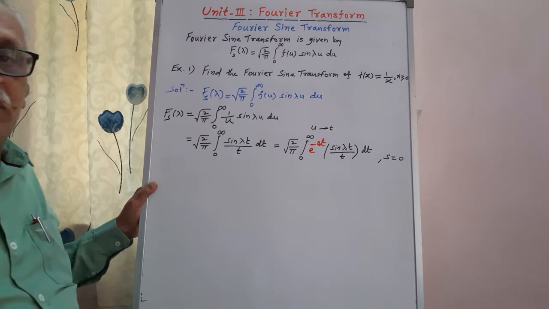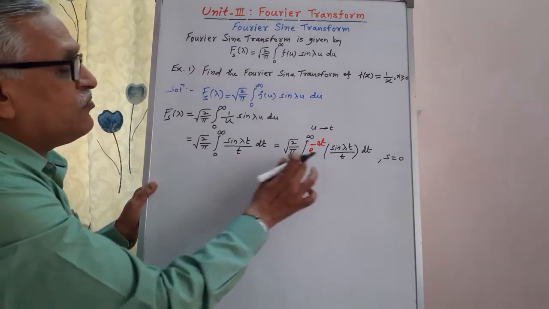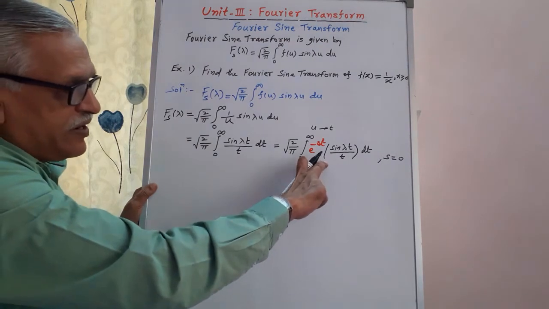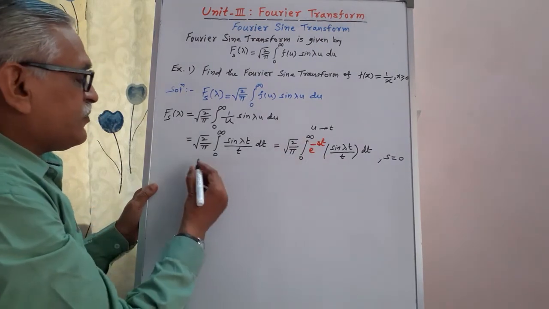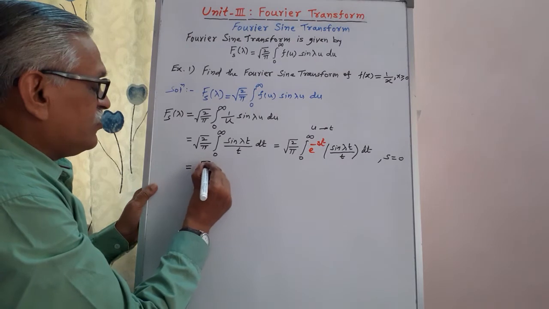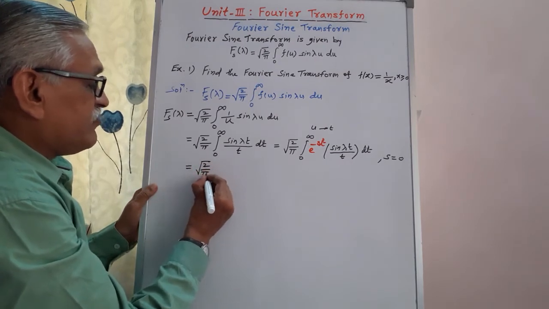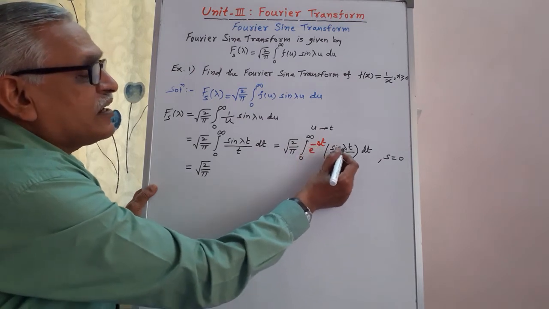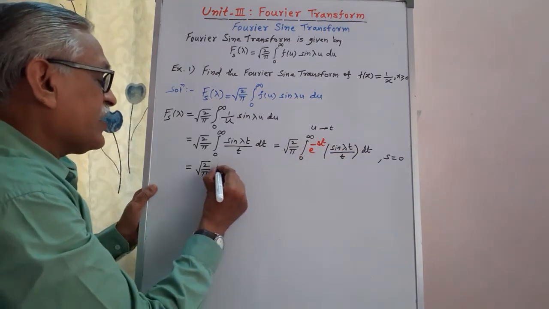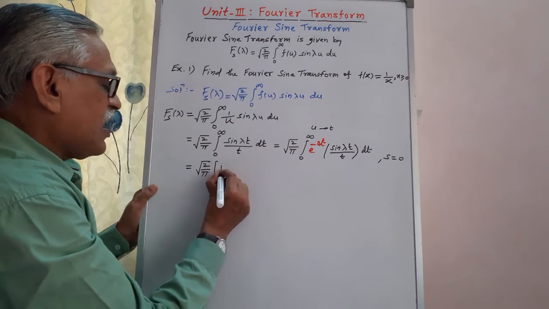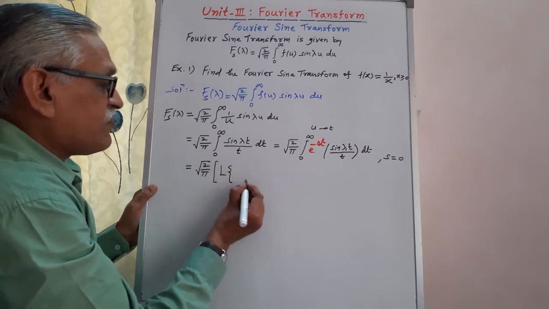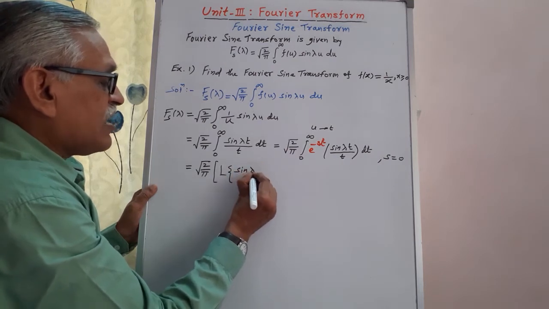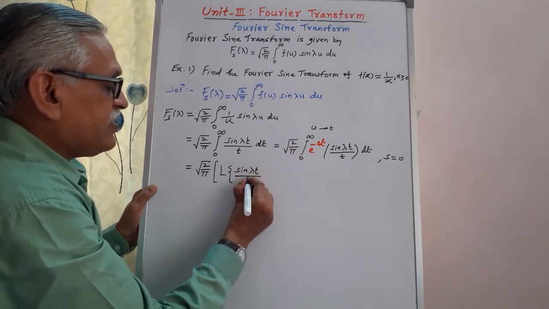Means no change in the value, only the form we are changing, converting into the basic or elementary definition of Laplace. As per that it is root 2 by pi integral from 0 to infinity e raised to minus st f(t) dt, which is nothing but the Laplace transform of that function, and that function is here sine lambda t by t.